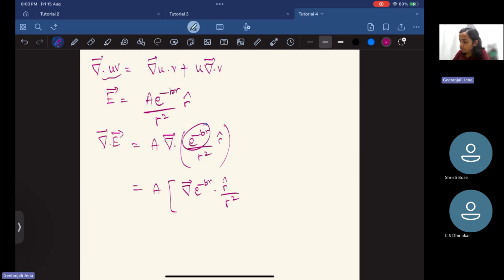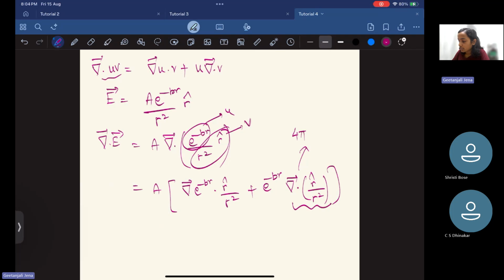So I'm taking e^(-br) as u and r cap by r square as v. So now we have gradient of e^(-br) dot r cap by r square plus e^(-br) times divergence of r cap by r square. And this term is the Dirac delta function 4 pi del q r, which considers the origin also. That is why I've taken r cap by r square as v and e^(-br) as u.